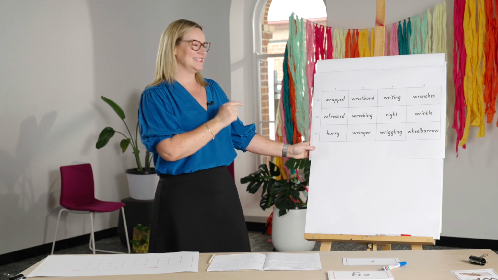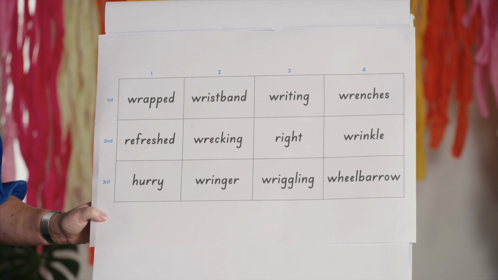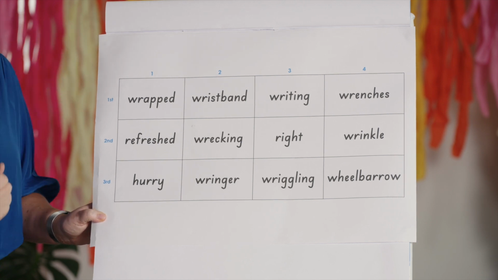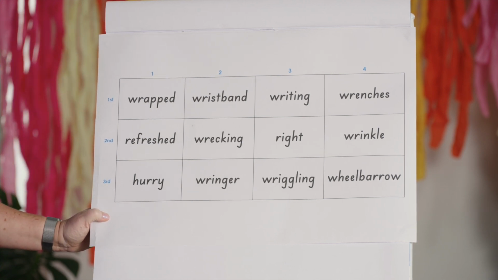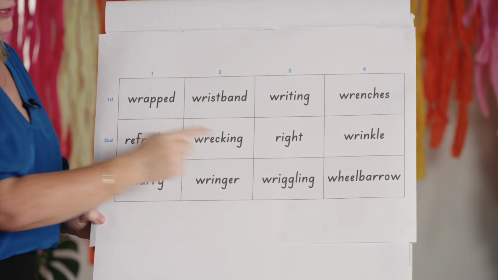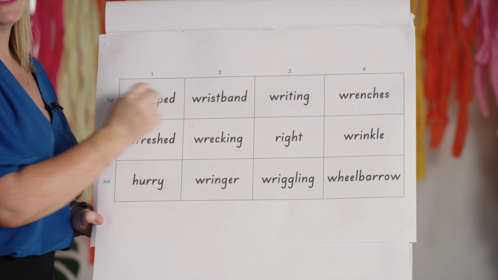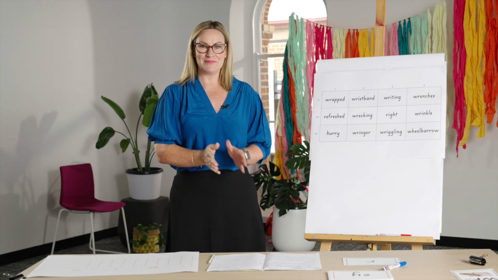Did I give it away with the action? Row 1, writing. If you're scribing for someone, you're writing for someone. Last one for today. Can you see a compound word here? Can you see 2 compound words? Wheelbarrow, wheelbarrow, wristband, wristband. Excellent.